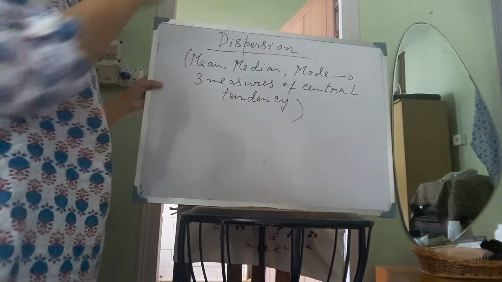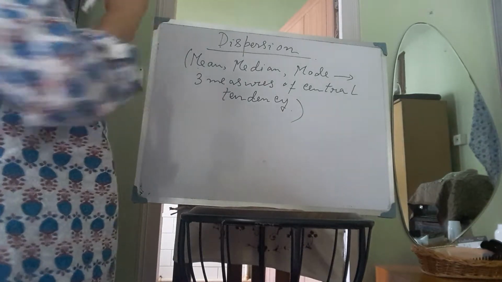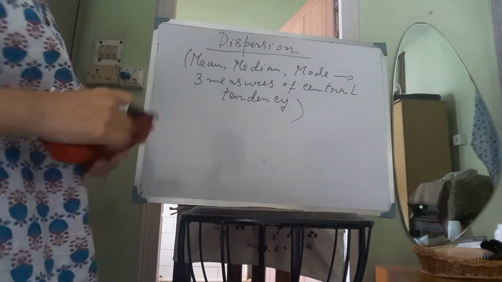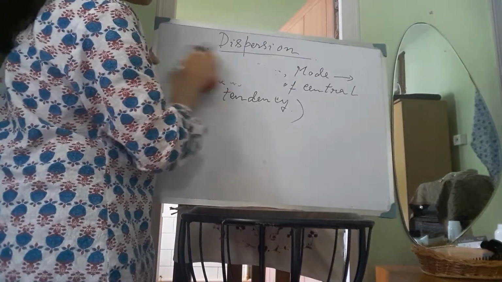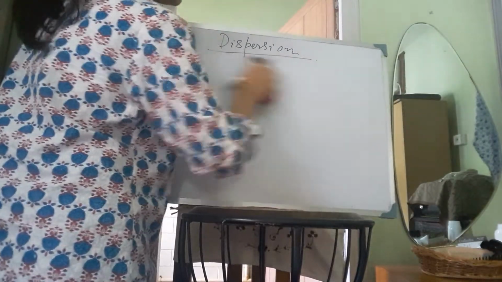Now, on the basis of these measures of central tendency, we will find out the dispersion of the data. Dispersion can be absolute dispersion, or it can be relative dispersion.